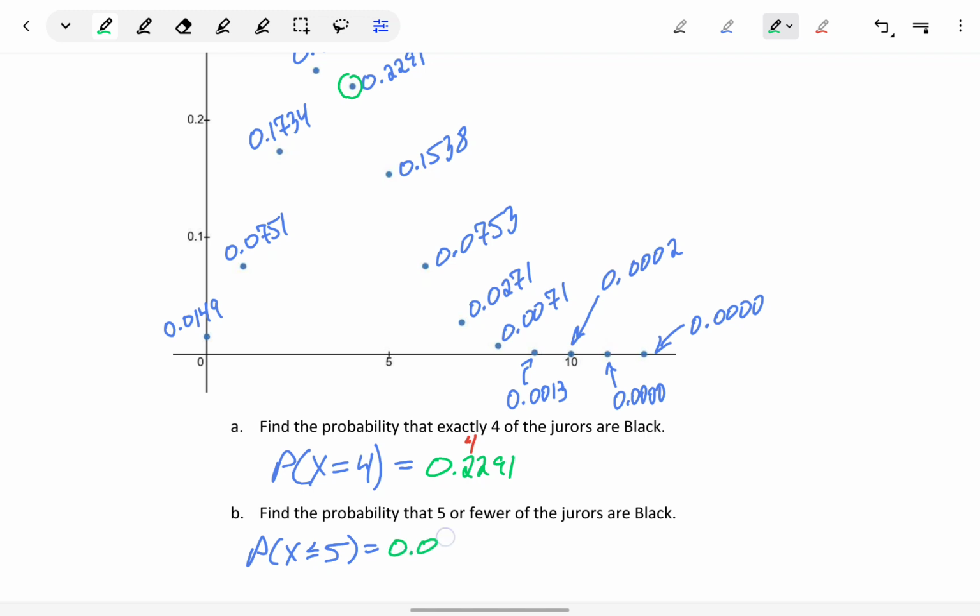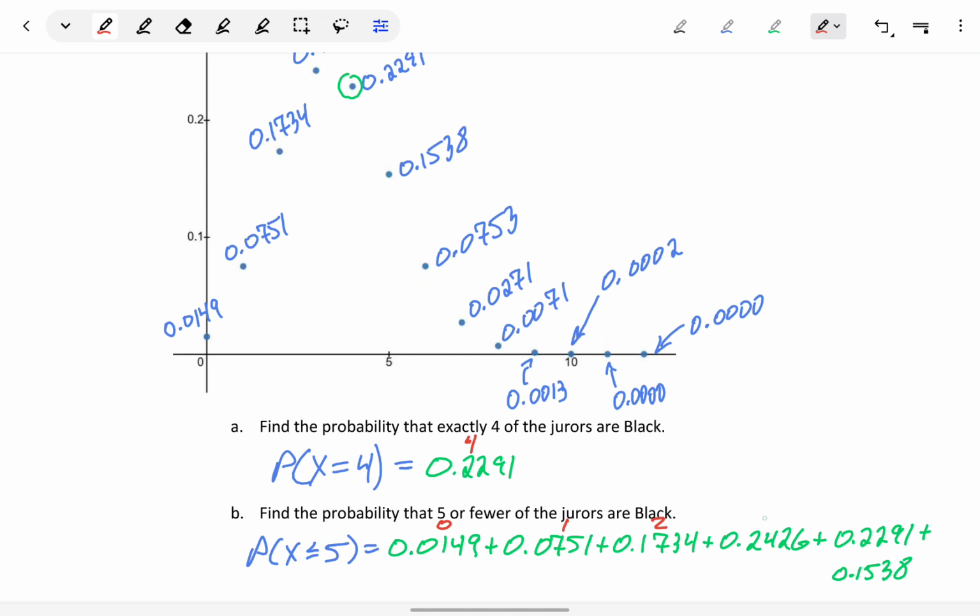So we would start with 0.0149 plus 0.0751 plus 0.1734 plus 0.2426 plus 0.2291 plus 0.1538, where those are the corresponding heights of the probability of X being exactly equal to 0, 1, 2, 3, 4, and 5.